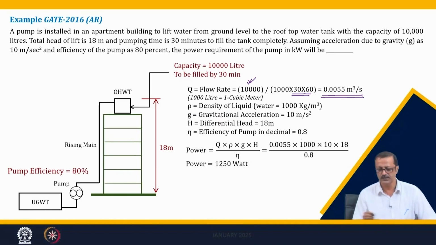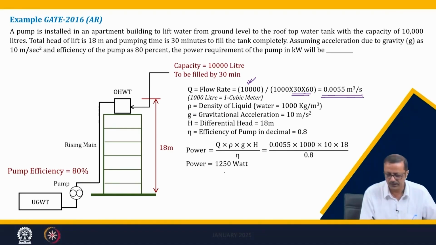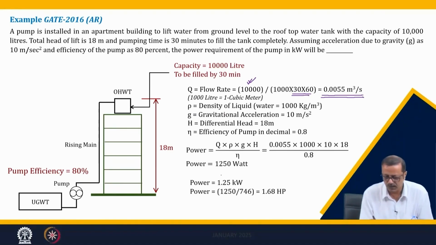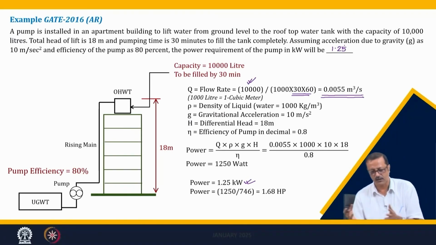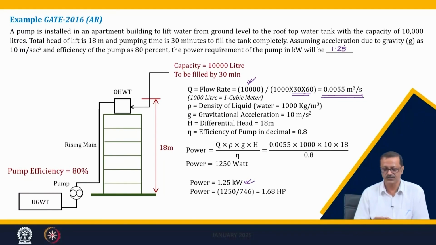So, I use this equation, and then I got that the pump will be required almost about 1.25 kilowatt, and I can also change this to HP, horsepower, by dividing that watt by 746. 746 watt is equal to 1 horsepower.